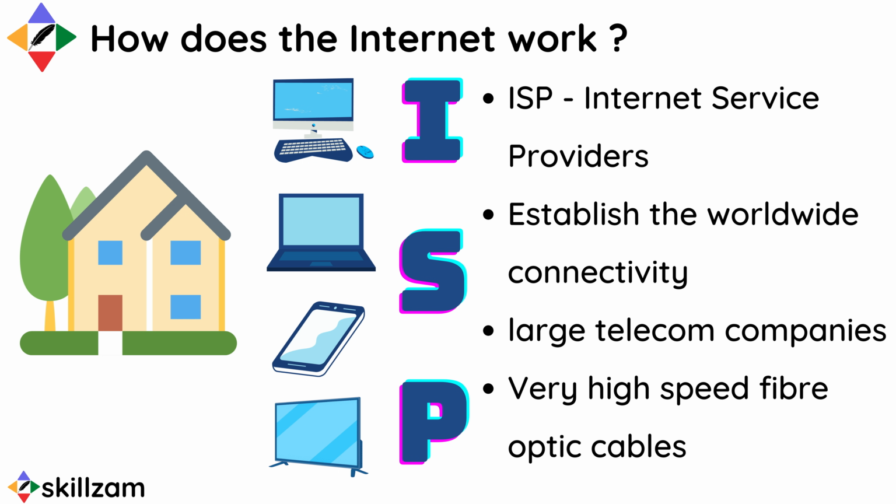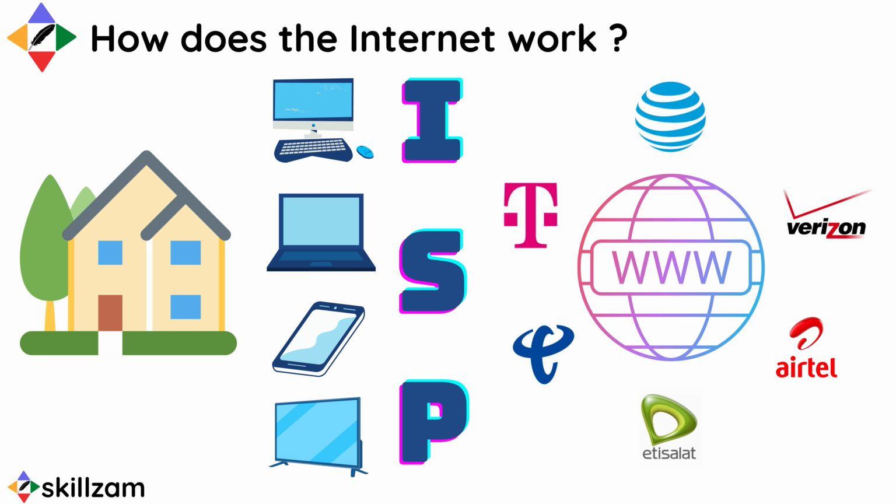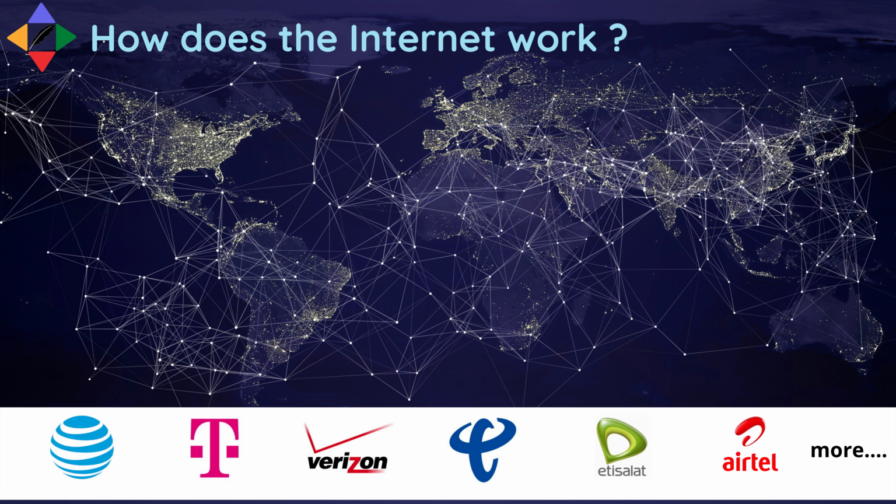At the top of the routing hierarchy are the tier 1 networks. These are large telecommunication companies like AT&T, T-Mobile, Verizon, China Telecom, Airtel, Etisalat, and so on. These telecom companies exchange traffic directly with each other via very high-speed fiber optic cables, governed by peering agreements. These fiber optics are spread across the land and even the ocean to make up the World Wide Web.